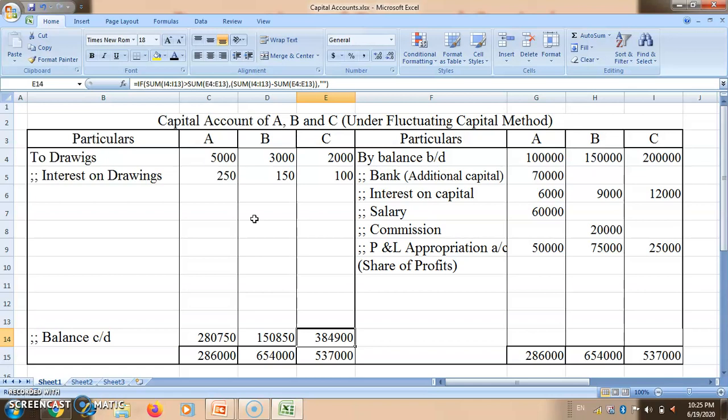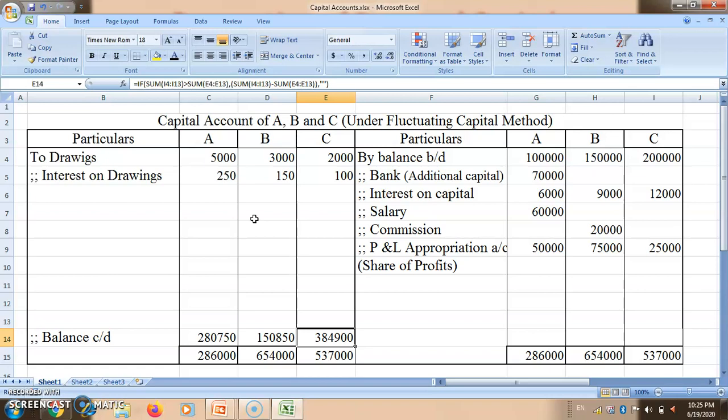Once again, all the journal entries which increase the partners' capital will be shown on the credit side of the partners' capital account, and all the journal entries which decrease the capital will be shown on the debit side of the partners' capital account, if it is prepared under the fluctuating capital method. So the balance of capital will change. Sometimes it may be a debit balance instead of a credit balance.